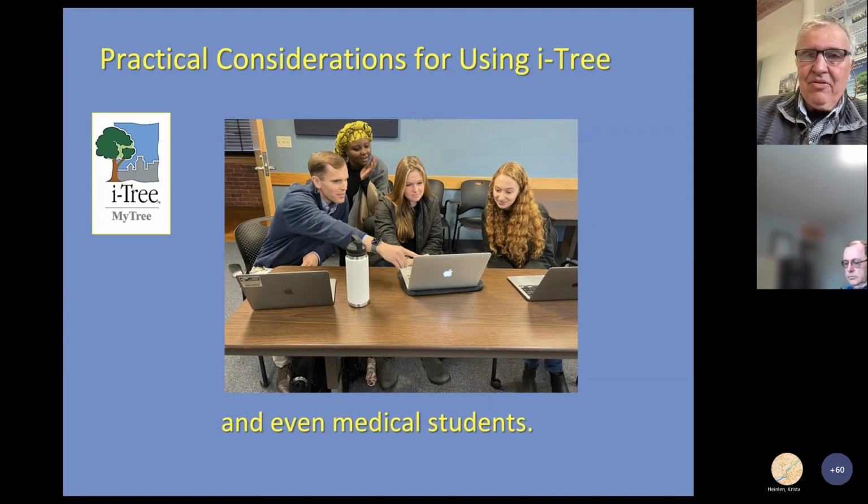And then here's some of our UMass medical students that we had last fall. There's 4 of them there. 3 of those folks will be working with us this summer, and they're going to be doing some iTree Eco as well as some additional neighborhood green space analysis using iTree Canopy here in the city of Springfield, where my office is. It's kind of interesting, they never knew what a tree did until they utilized iTree.